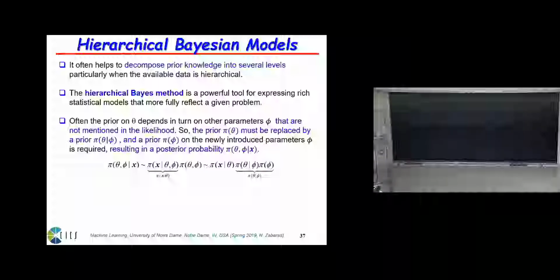All right? What is the purpose of using a hierarchy of models? You want to increase the complexity of the model and its representative capability, if you like, but also you want to make the effects of the prior on theta less prone to your calculations. So if you're not confident on theta because you're going to have to set some parameters phi there, you say, you know what, let me assume another distribution over phi.